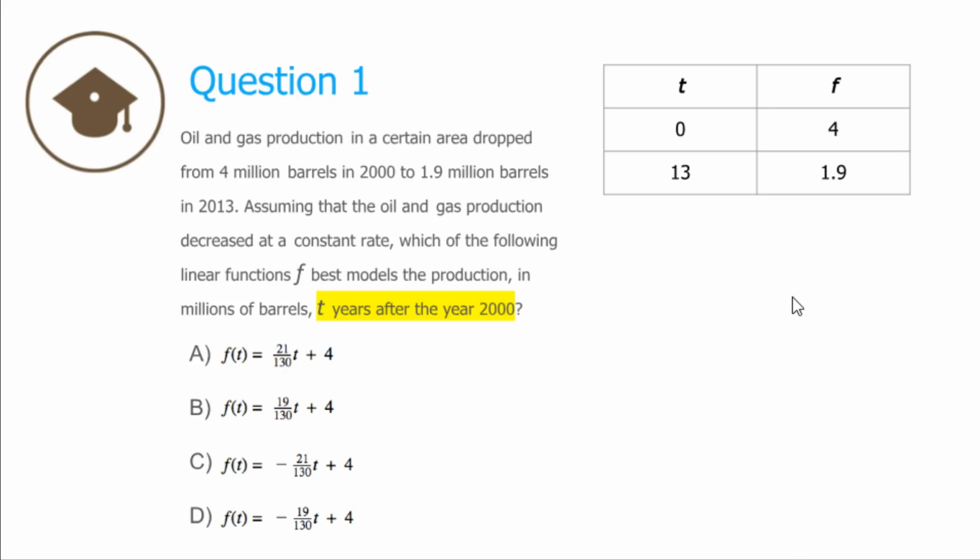At this point, we have a couple of different routes we can go. So we take a look at the answer choices, which we kind of already did, and we see, hey, these are linear functions, f in terms of t. So our first route that we can go is we can find the equation of this line using our information. So this isn't using our answer choices too much.